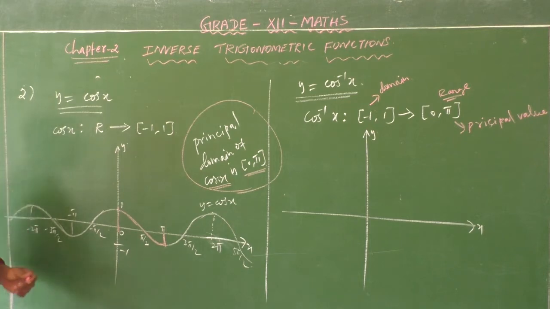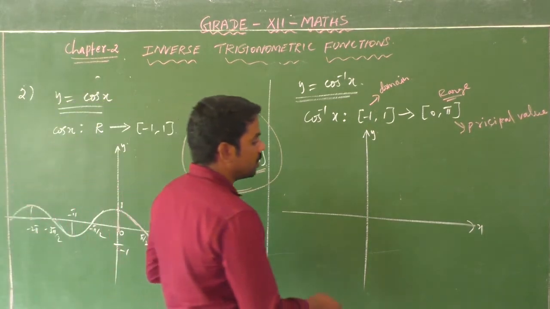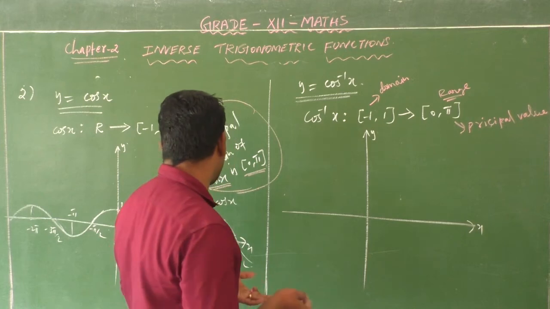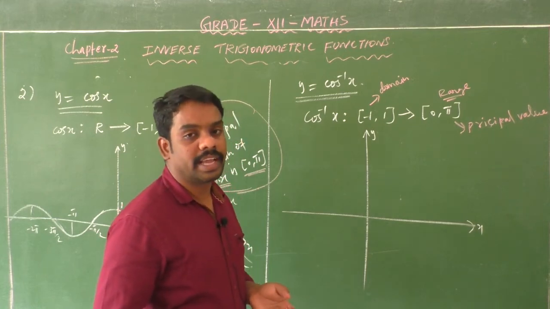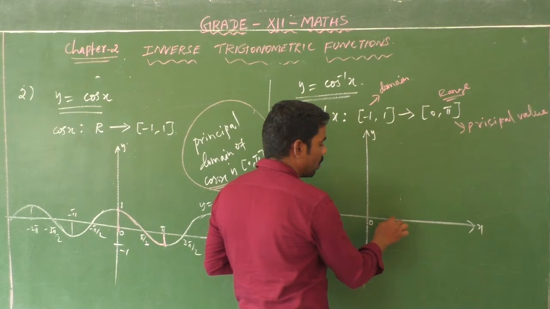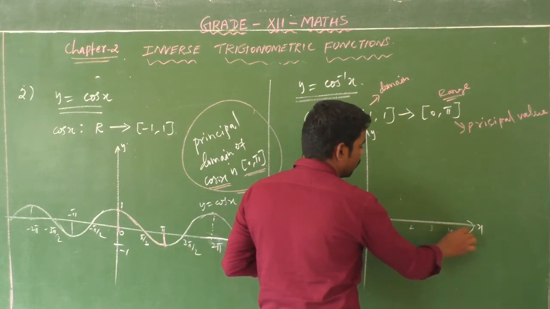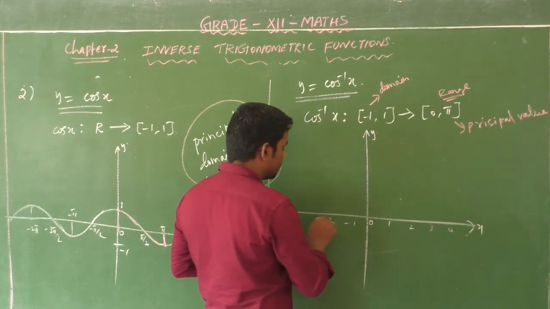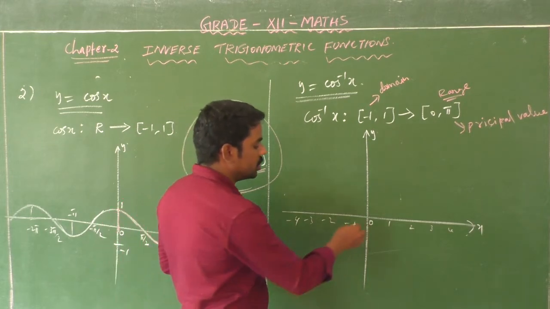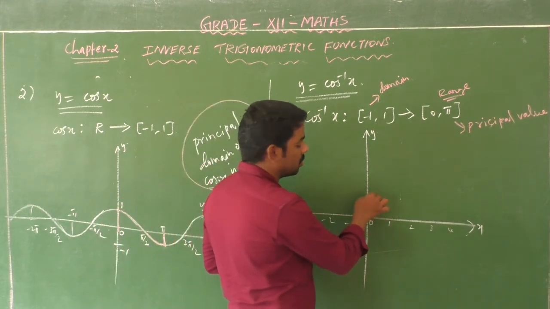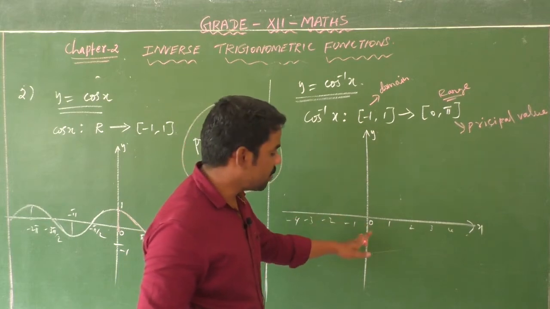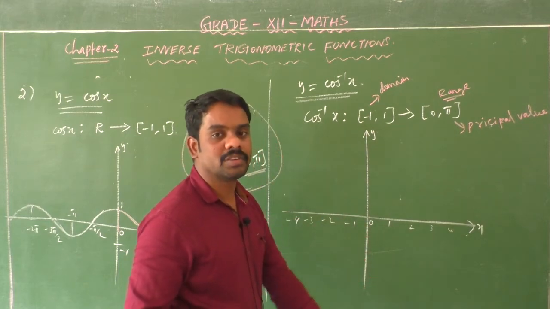But here x values are 0, 1, 2, 3, 4, and so on, and minus 1, minus 2, minus 3, minus 4. And y values have 0, pi by 2, pi, 3 pi by 2, 2 pi, minus pi by 2, minus pi, and so on.